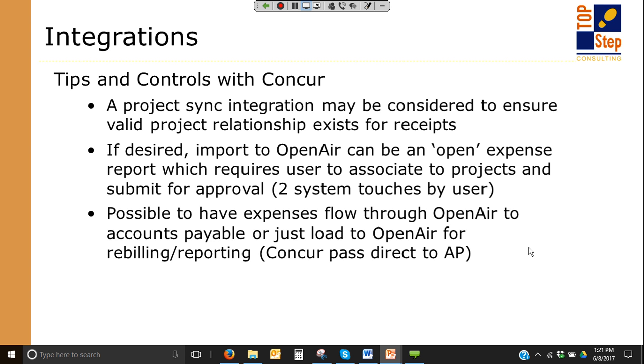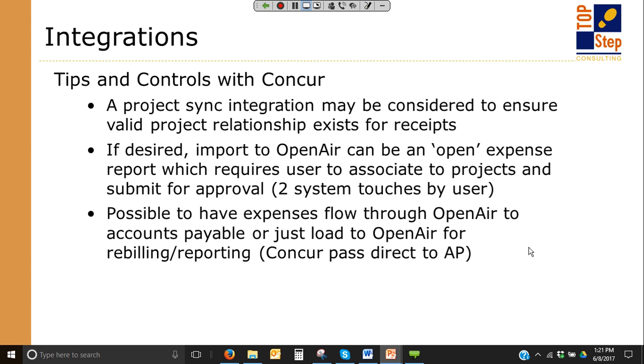Okay. Interesting conversations I've had in the past with customers regarding Concur and OpenAir and where the data flow ends up coming into your accounting system for payables. There's a couple of examples that you could always think about. One is if you're passing the expenses from Concur into OpenAir, can OpenAir just pass that over to your accounting system?